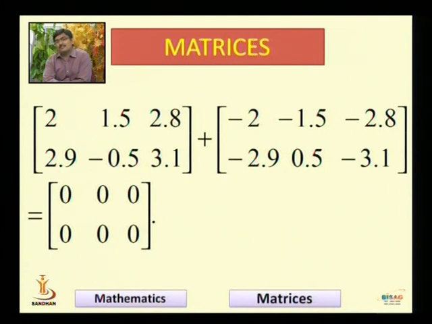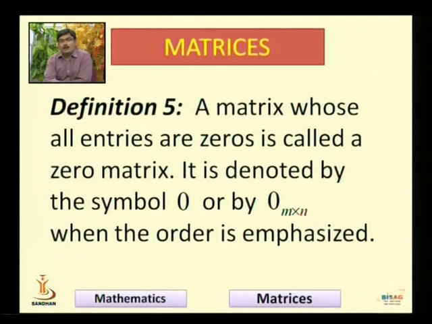Such a matrix we are tempted to call a 0 matrix, right? So, let us try to see. We define a matrix which is called the 0 matrix, or it is called the null matrix. It is defined like this.